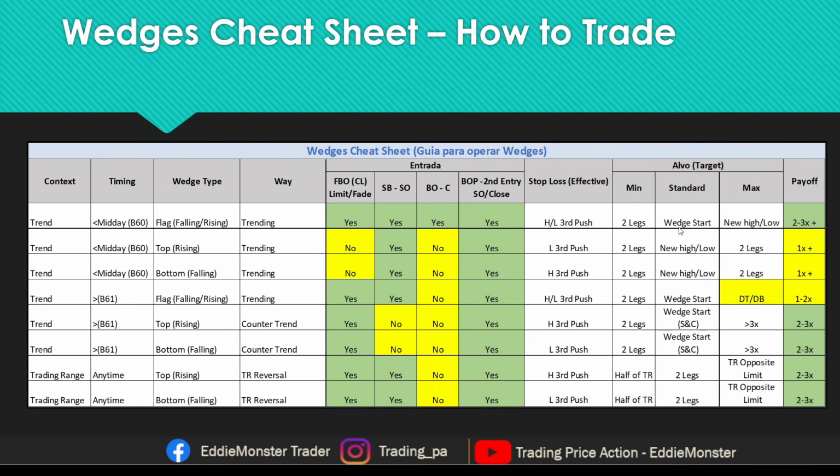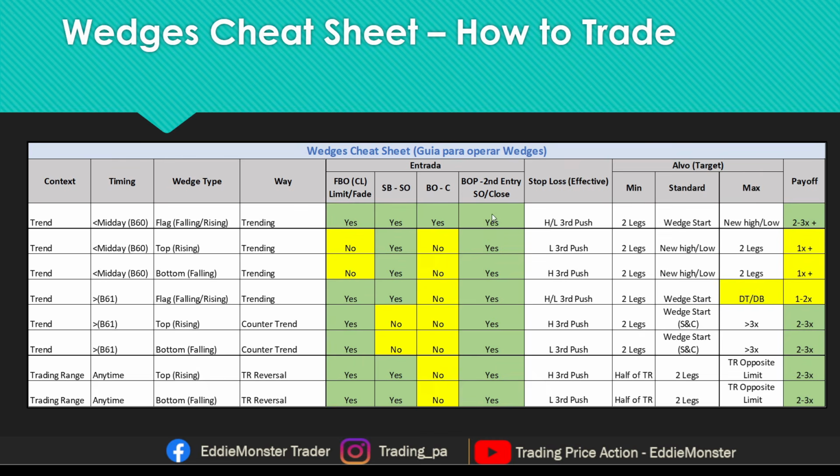What is the standard target, the one that I recommend? It is where the wedge starts, when the first push starts, right? The start of the wedge. And then what is the max? New high, low, or even second leg up in a trend.